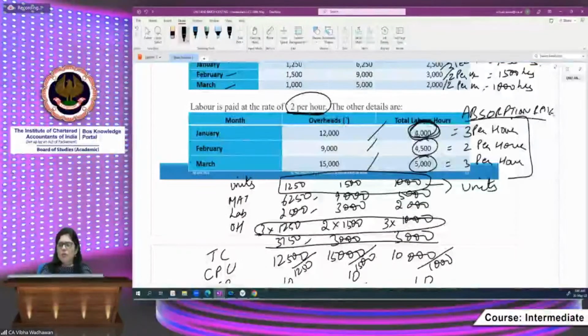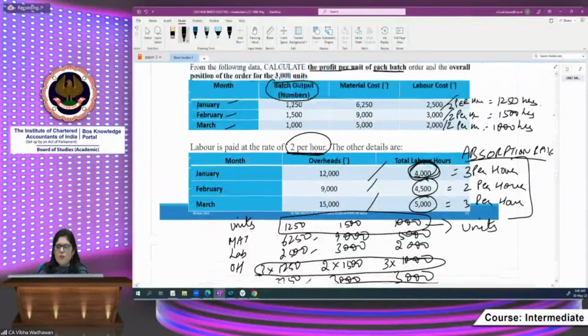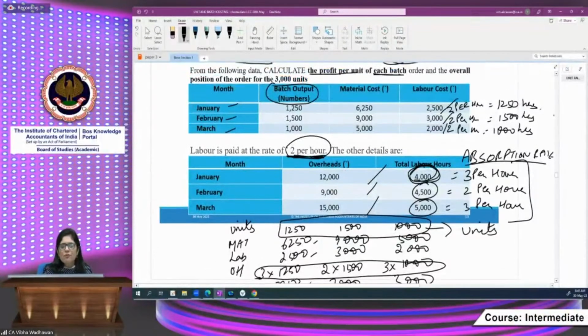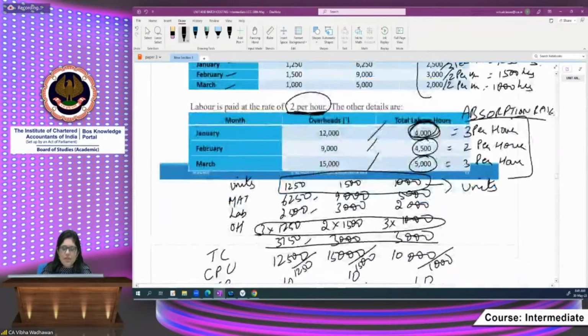For absorption rate, we need the hours. So hours we have calculated with the help of 2 per hour, the labor rate per hour, and the labor cost was given. So we have the rate, we have the hours, so we have absorbed the overheads.